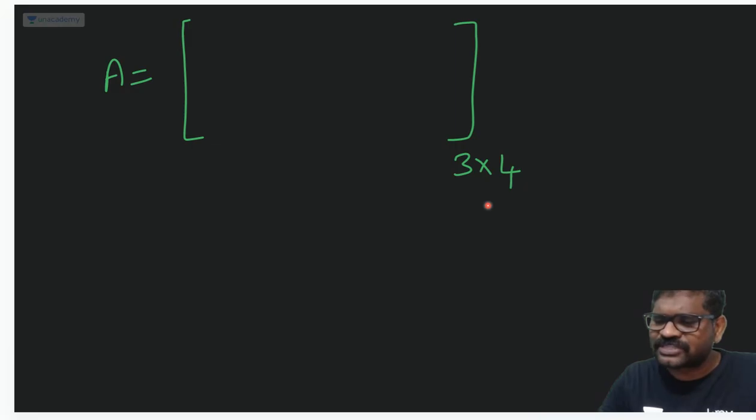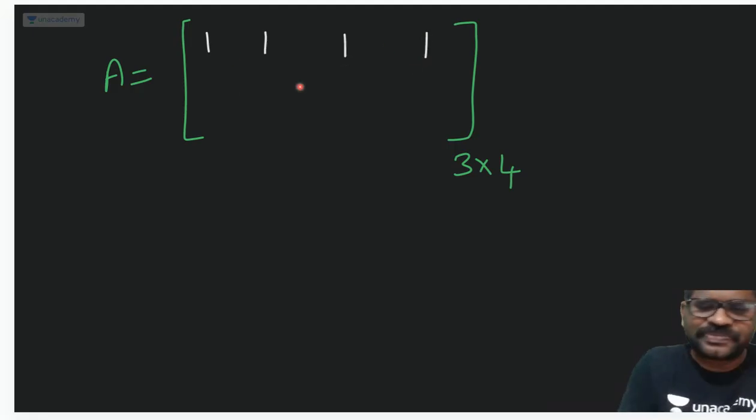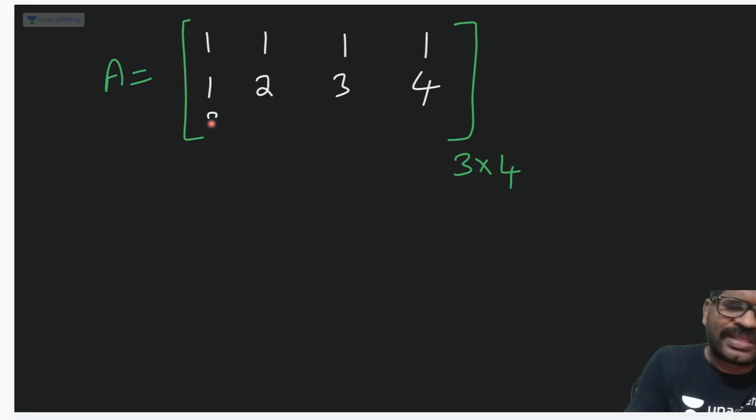If you understand the concept, first fix the concept. Next, automatically your doubts will be clarified. Now, come here. Matrix is 3 cross 4, suppose 1, 1, 1, 1, 1, 2, 3, 4, 3, 1, 2, 5.